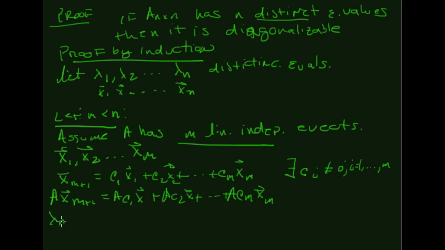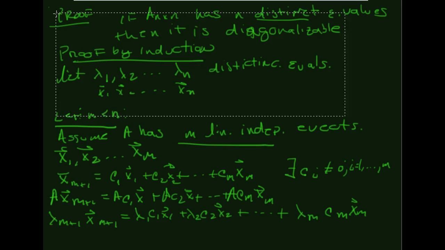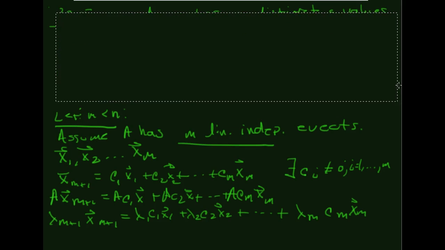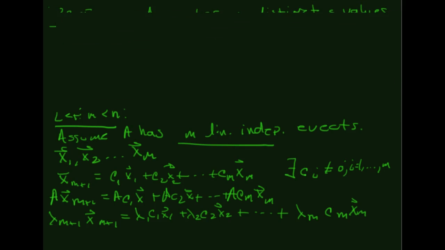I'm going to say that lambda(m+1) x(m+1) is the same as lambda 1 c1 x1 plus lambda 2 c2 x2 out to lambda m cm xm. So I have both parts of the eigen equation. So if I do this, I now can subtract these things and get the 0 vector.